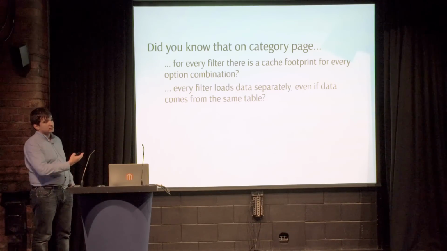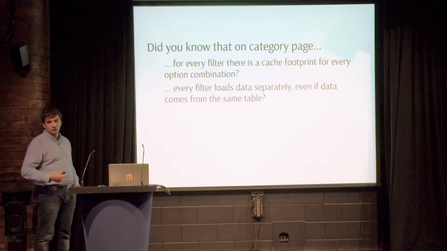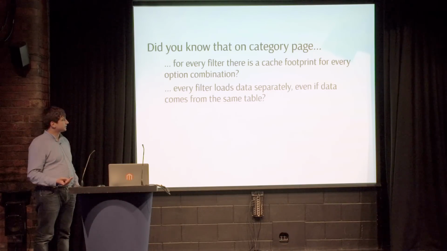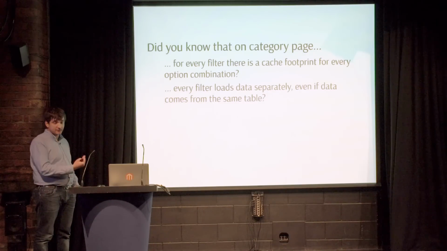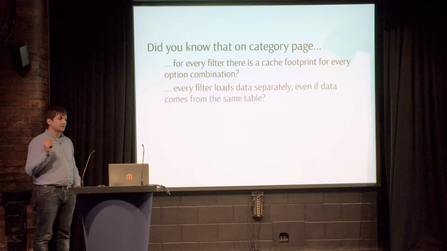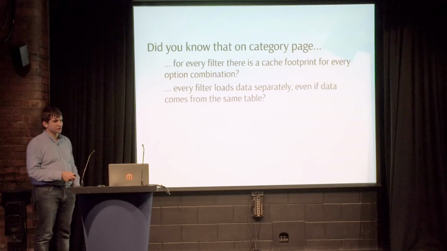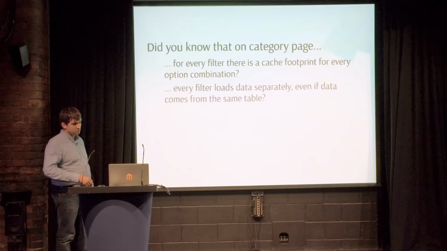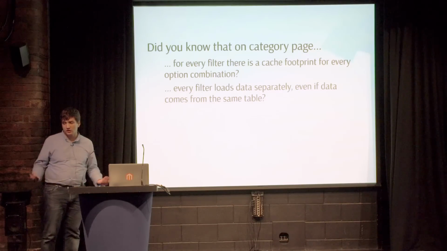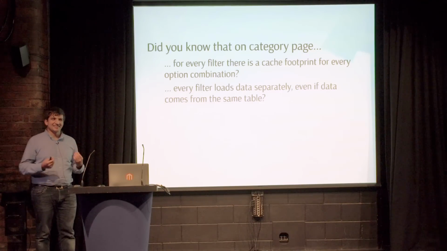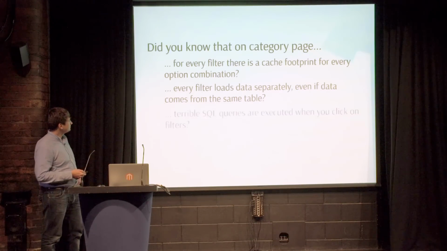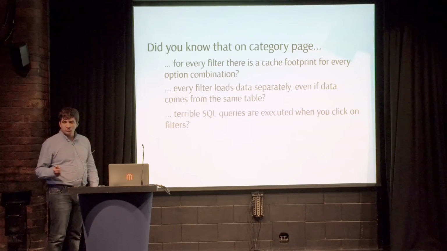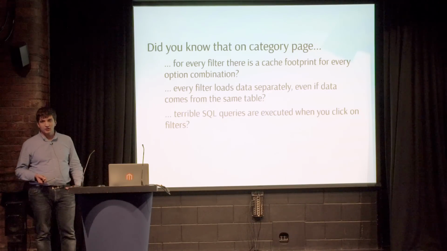And in the end, all this data gets loaded. You eat up your memory on a server. And also, behind the scenes, Magento does a foreach on all these options, and that's terribly slow. So the more data you have, the worse Magento layered navigation performs. Has any one of you experienced some terrible SQL queries that are executed on layered navigation pages?